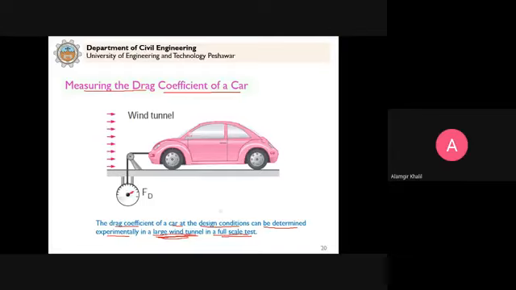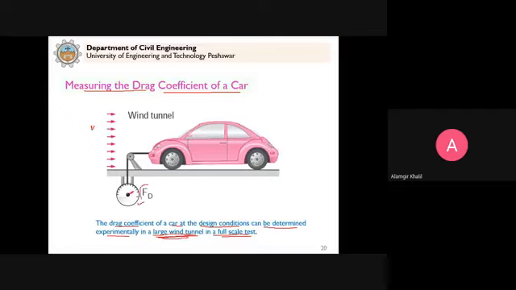Clear? So what you can do here is that through the tunnel, air will be allowed to pass. So this is how you know the velocity V, that is, the velocity with which the air is flowing. So definitely it will exert a drag force on this car, and that drag force we can measure by this facility here. Clear? Because it can measure how much force is exerted on this car.